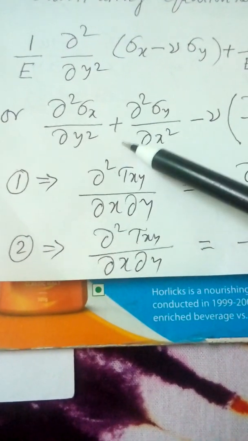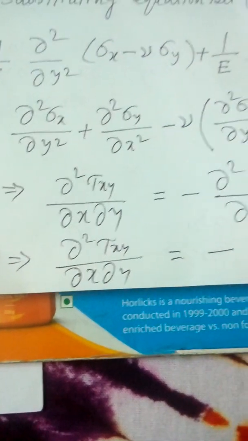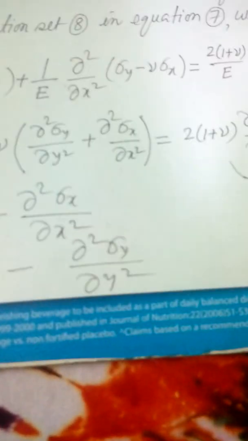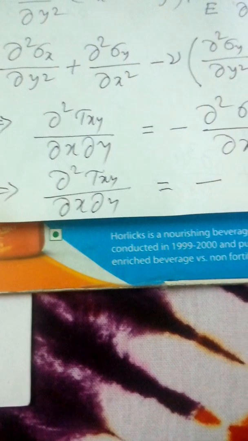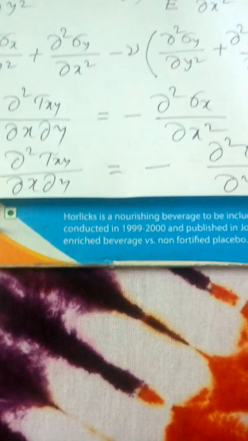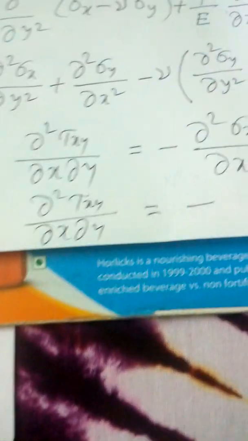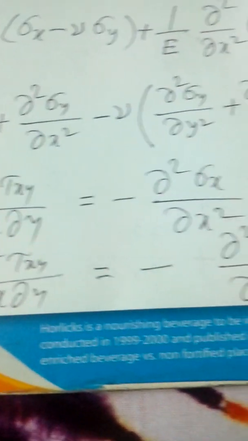This is the equation number 9. From 1 we get this one, from 2 we get this one.